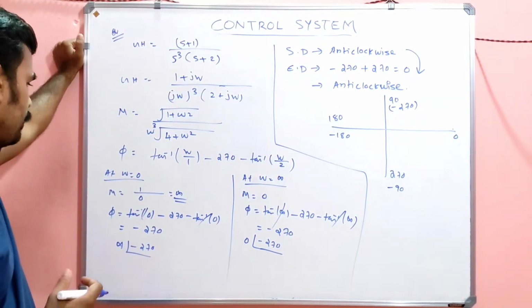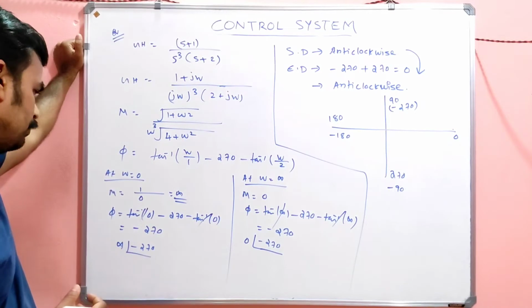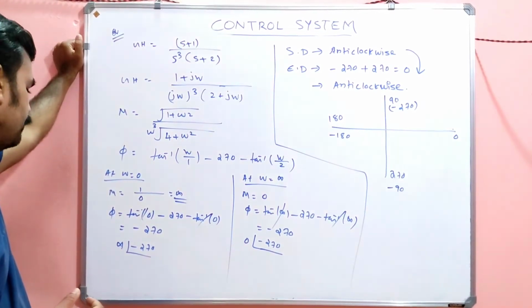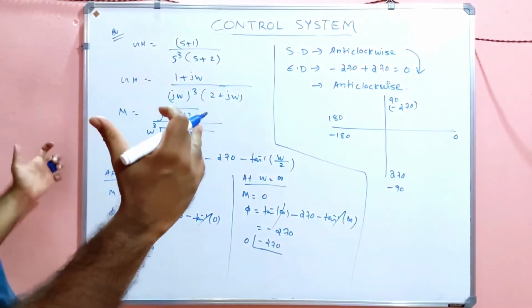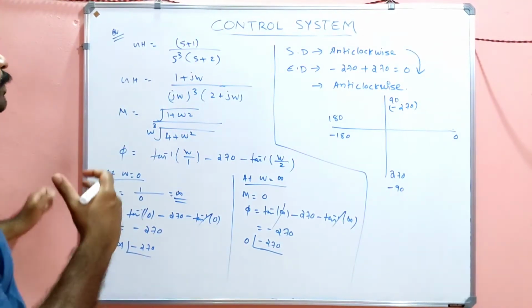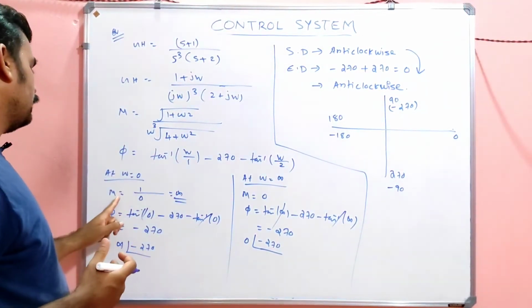At omega equal to 0, what will be the magnitude? The magnitude will be infinity. It starts from infinity.